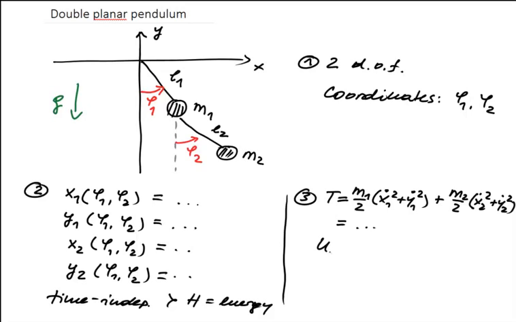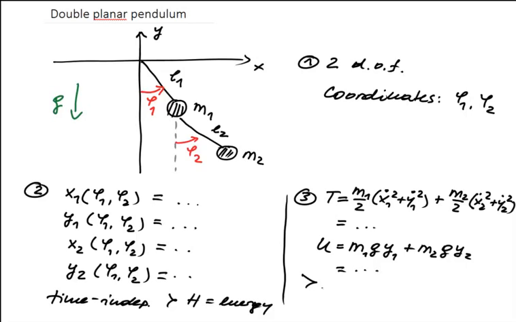Secondly, you need the potential energy. The potential energy of the first mass in the gravitational field, that's m1 g times the vertical coordinate, which is y. So you have m1 g y1 plus m2 g y2. And again, you write this as a function of your new coordinates phi 1 and phi 2.